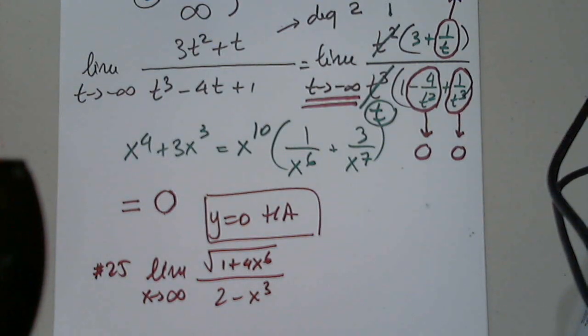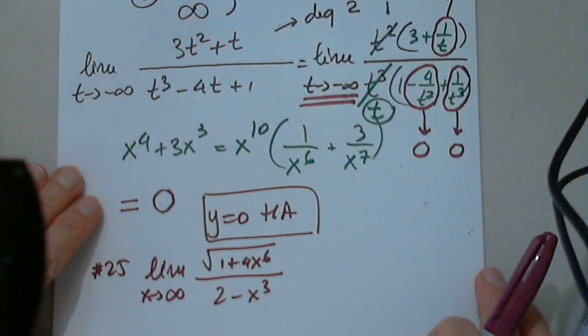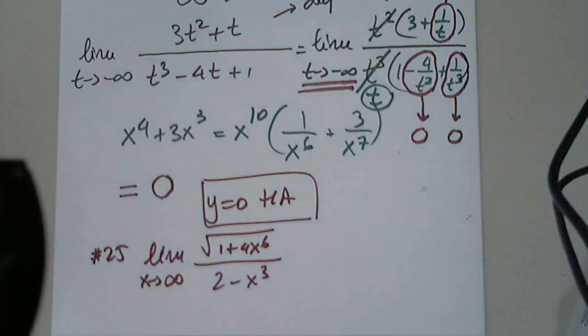Okay, so this is a totally different one. Then we have to look at one of these, and maybe one with the exponentials. And we kind of covered what we need. We'll see. Okay, so we're asked to find the limit of the square root of 1 plus 4x to the 6 over 2 minus x to the third.